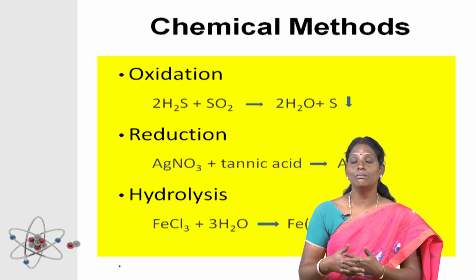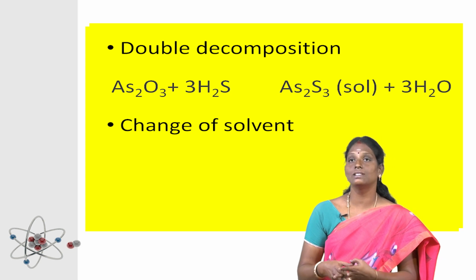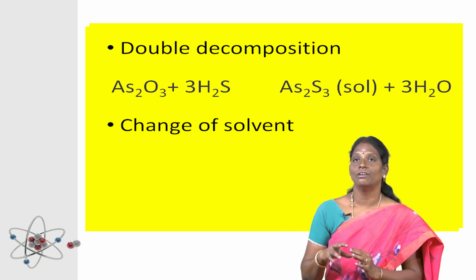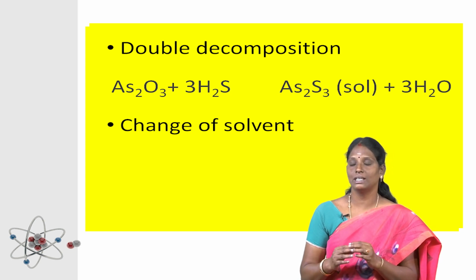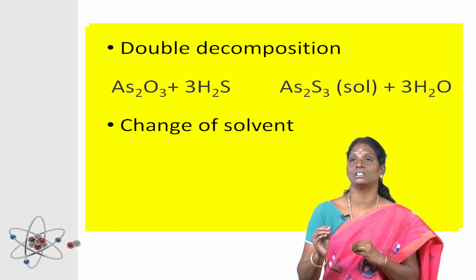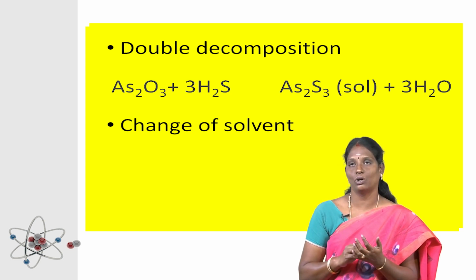Next method, double decomposition. What is meant by double decomposition? An example for this type is when arsenic sulfide sol is prepared by passing a slow stream of hydrogen sulfide gas through a cold solution of arsenious oxide.